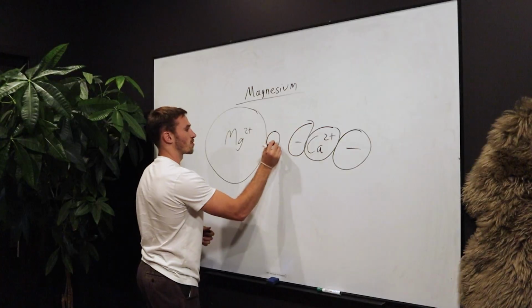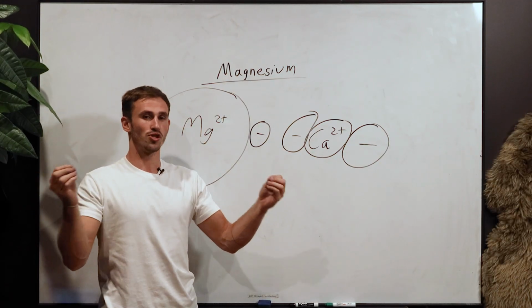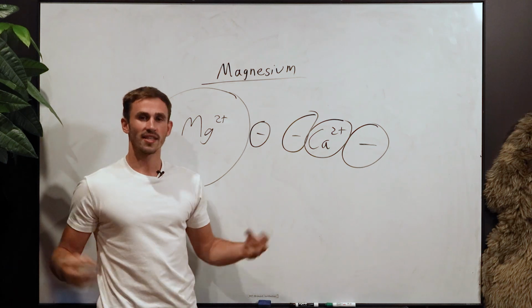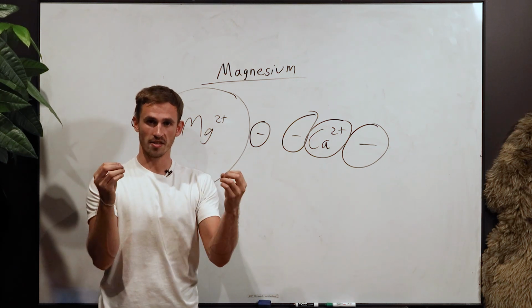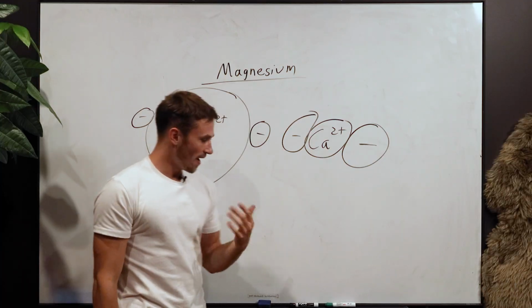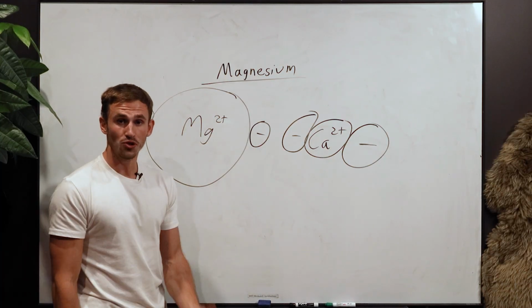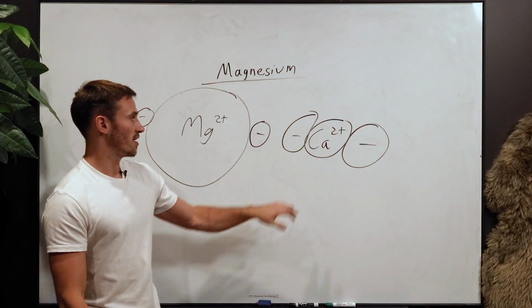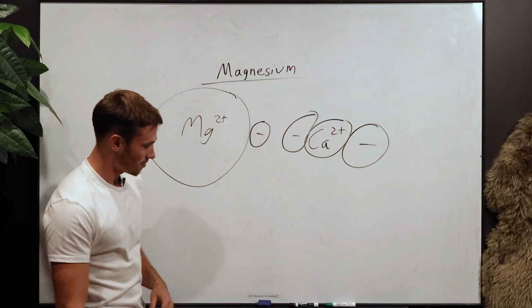We got two soil particles. It's like taking two magnets and putting a big pillow in between them, and they're not going to stick as well. So that makes it to where magnesium is way more prone to leaching out from our soil than a calcium ion is, due to that difference in the hydrated radius.